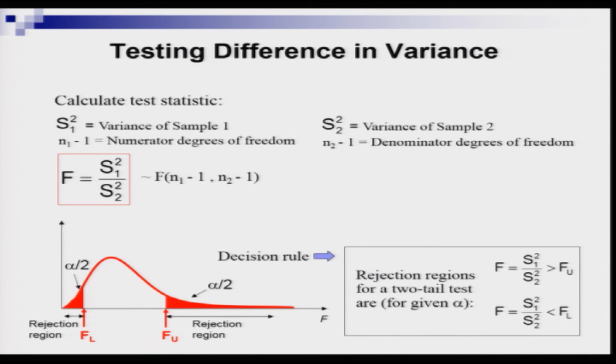So, now I set a decision rule that if the calculated value of F is greater than Fu, then you can reject your null hypothesis, or if the calculated value of F is less than the critical value Fl, then also you can reject your null hypothesis. So, that is basically shown here in this diagram at the left hand side and the bottom part of the slide.